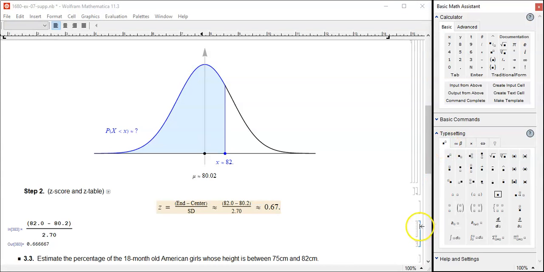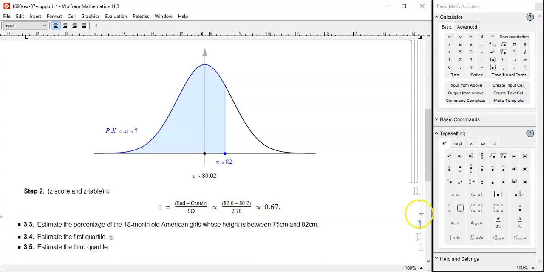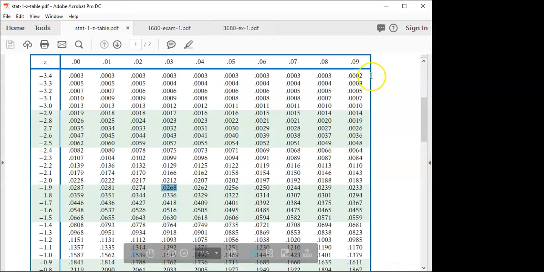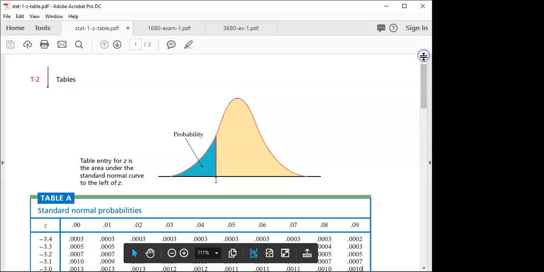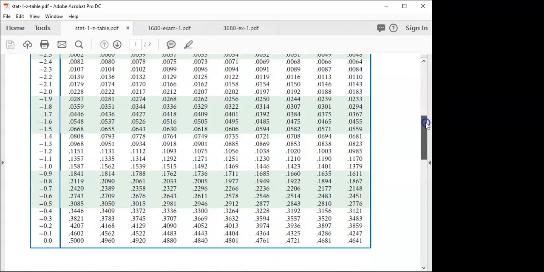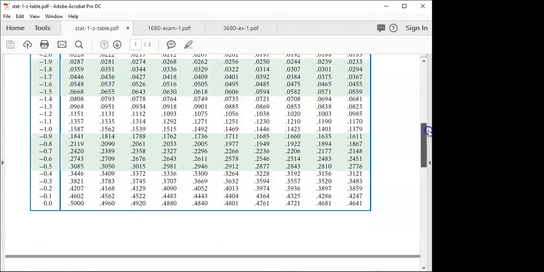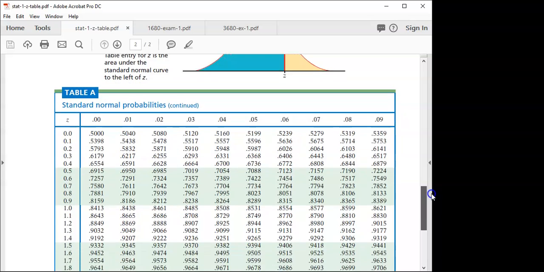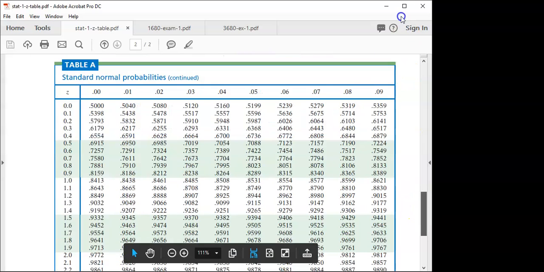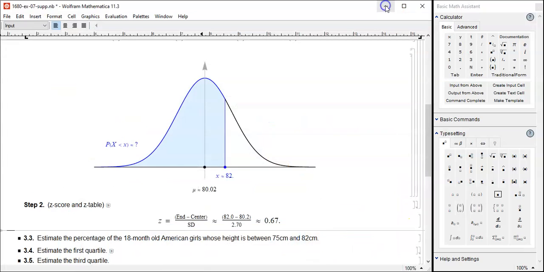I need 2 decimal digits for the z-score, and let's go to the PDF document again. 0.67. 0.6 is in this row. 0.67, what do I get? 0.7486.